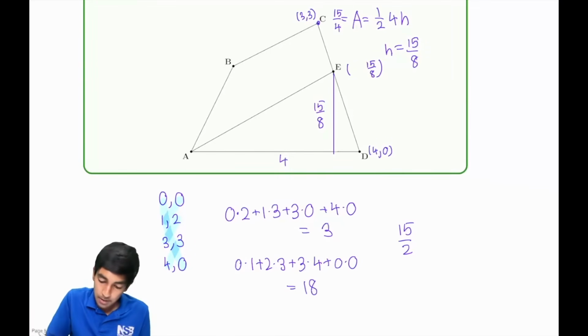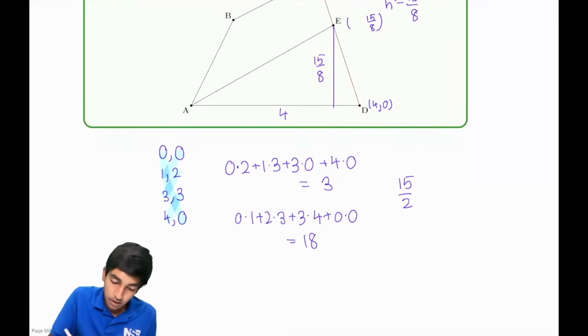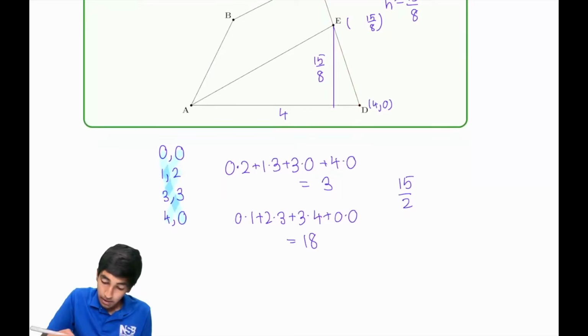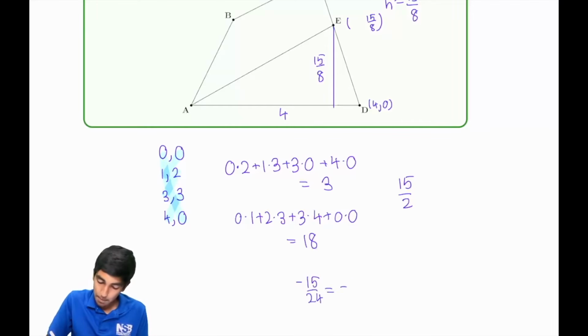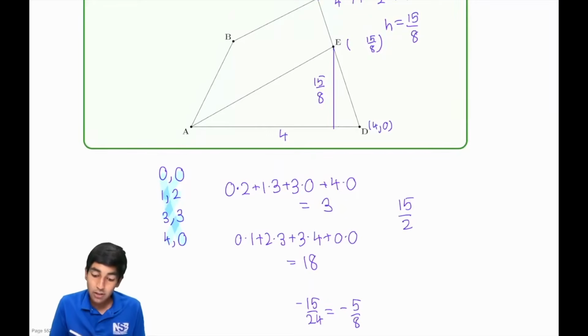So what does that mean? Well, in total, this drops by 1 in terms of x coordinates. And so basically, because we're going up 15 over 24th of the way, we subtract 15 over 24, which, let's simplify, is 5/8. We're going to subtract 5/8 from our x coordinate. And that leaves us with just 27 over 8.